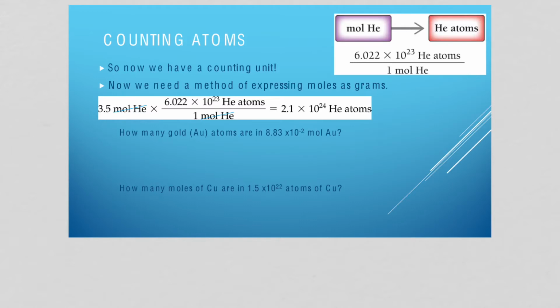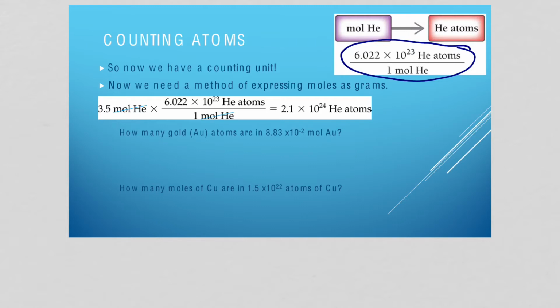Now, this allows us to count atoms. So Avogadro's number is a conversion factor. It tells us how many items are in 1 mole, just like any other conversion factor that tells us there's 12 inches in a foot or 2.54 centimeters in an inch, etc. It allows us to convert between a mole and individual items.